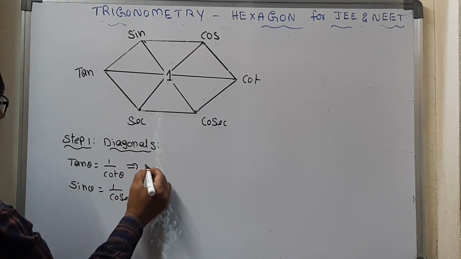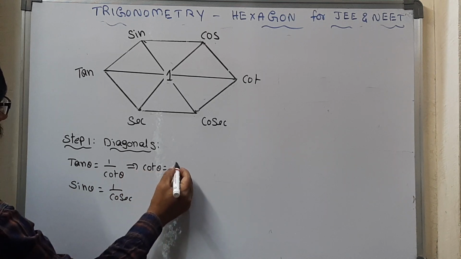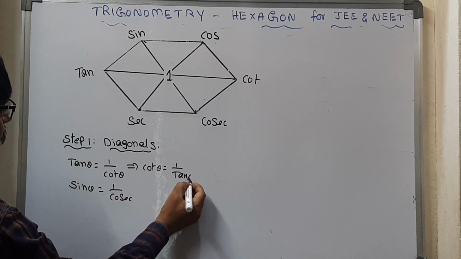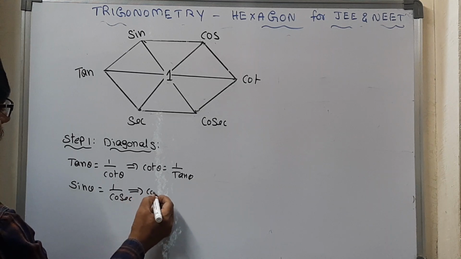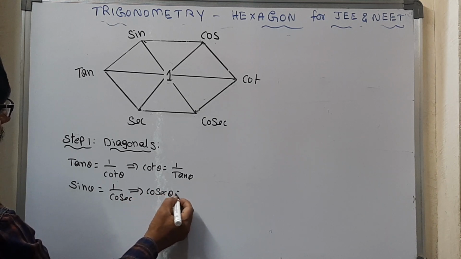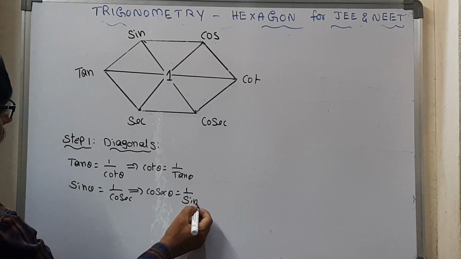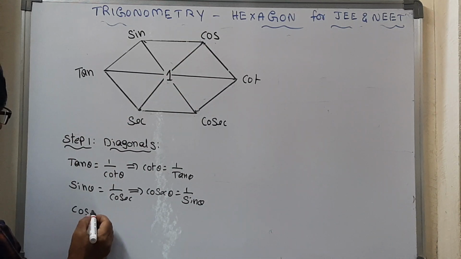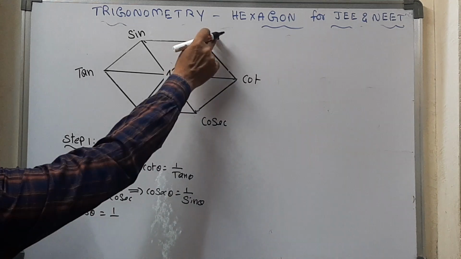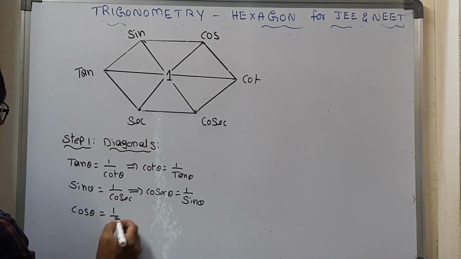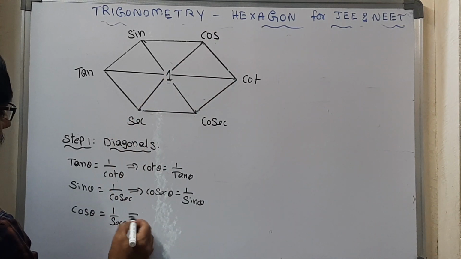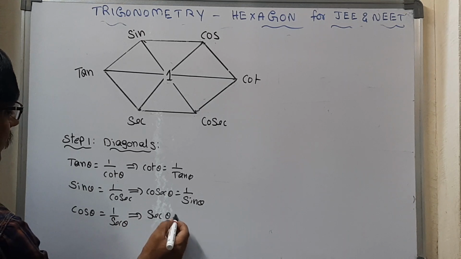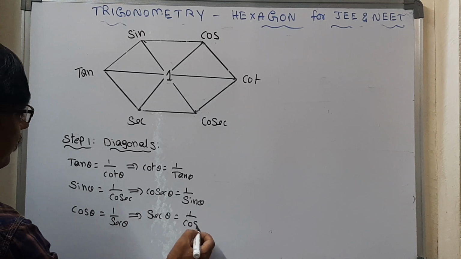We can write cot theta is equal to 1 by tan theta, cosecant theta is equal to 1 by sin theta, and the next one is cos theta is equal to 1 by sec theta, and secant theta is equal to 1 by cos theta.